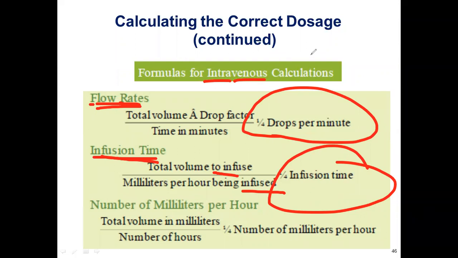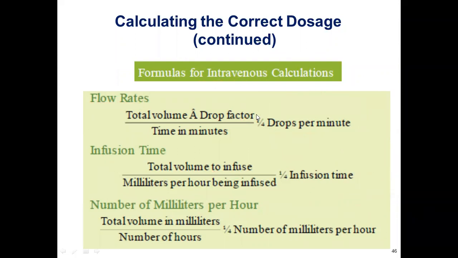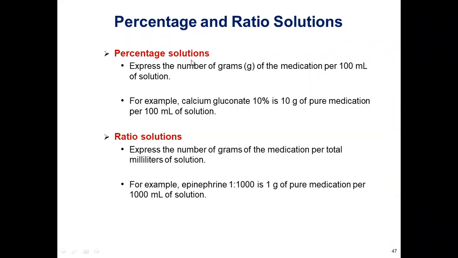And the other ones we use here are percentage solution and ratio solution. Let me read it. Percentage expresses the number of grams of the medication per 100 ml of solution. For example, calcium gluconate 10% means 10 grams of pure medication in 100 ml of solution.